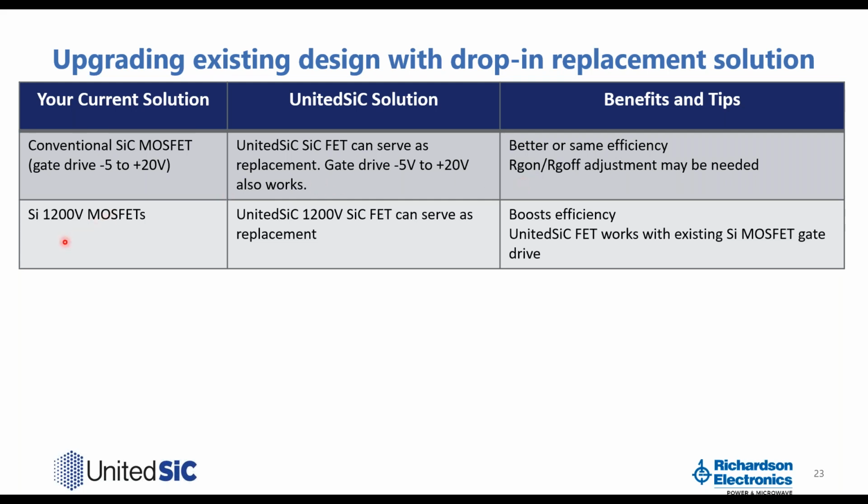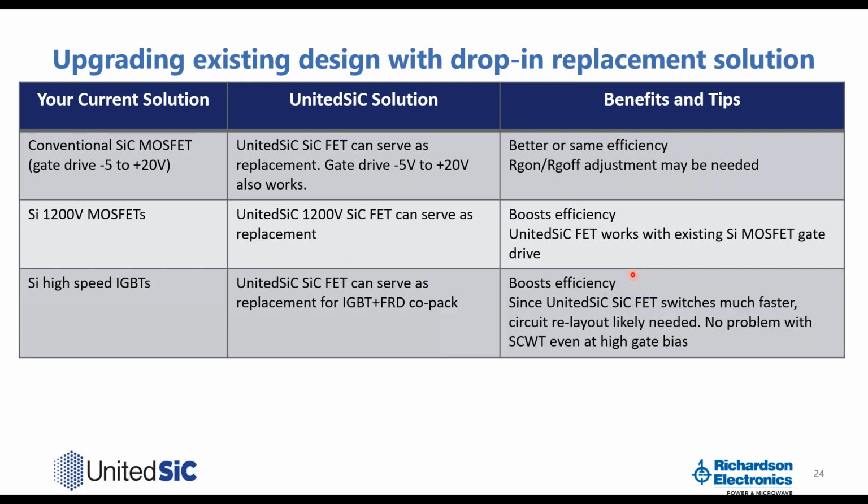Then if you're using silicon 1200 volt MOSFETs, then the UnitedSiC 1200 volt silicon carbide FET can serve as a replacement. And again, it will boost efficiency, and it's fully compatible with silicon MOSFET gate drive. If you are using silicon high-speed IGBTs, then the UnitedSiC silicon carbide FET can serve as a replacement for the IGBT plus FRD co-pack.